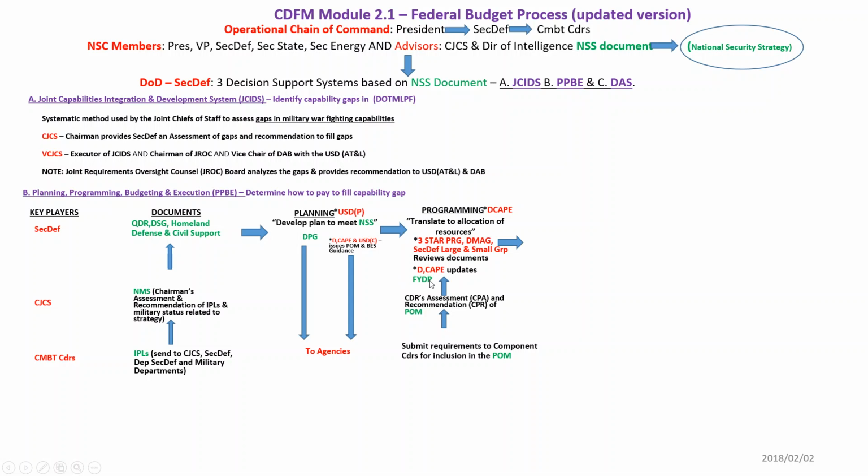The keeper, the one responsible for updating the Future Year Defense Program, is the Director of CAPE, the same guy that issues our POM guidance, the same guy responsible for the programming phase of PPBE.